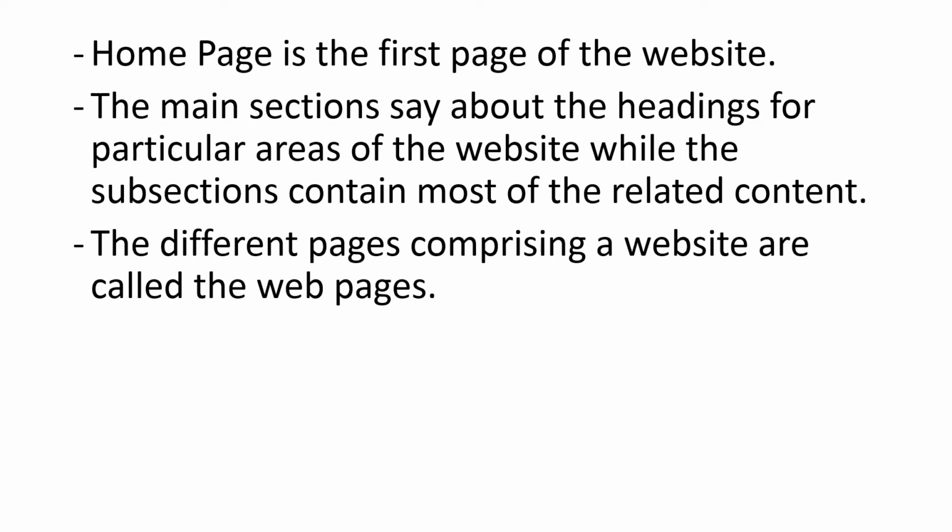Now, the different pages comprising a website are called as the web pages. So when you want to develop any website, you must be clear about its goals and functions. What website should provide, what will be the goals after creating the website, all these things must be clear.